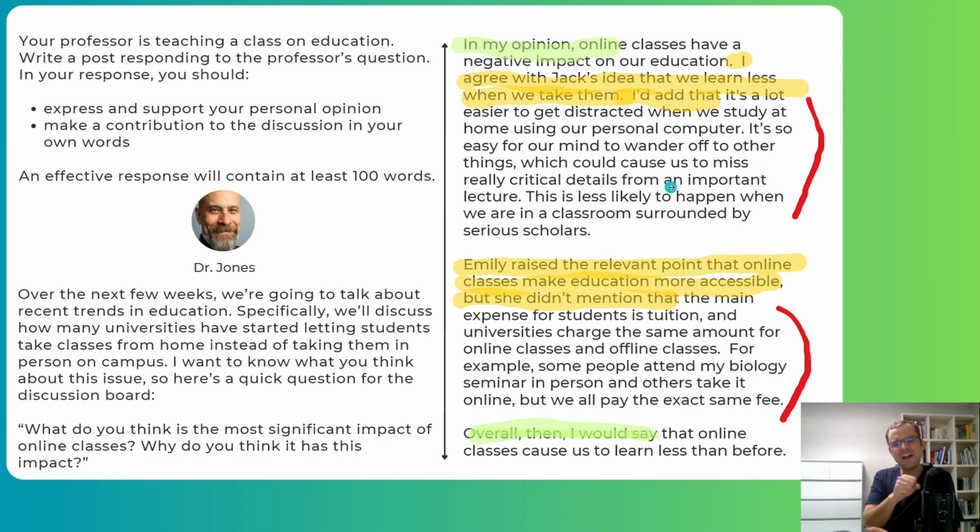Now, the other interesting technique I took here is I did divide this into paragraphs, sort of. So I've got one paragraph here for supporting my opinion and dealing with Jack. And then I've got a separate paragraph here for dealing with Emily. And then I've got a little mini paragraph at the end where I repeat my main idea.